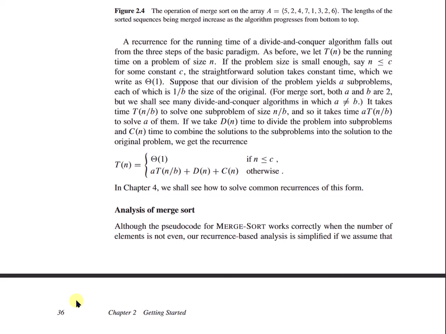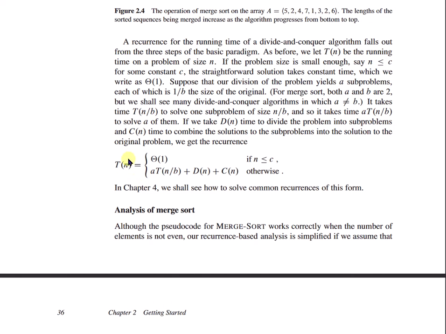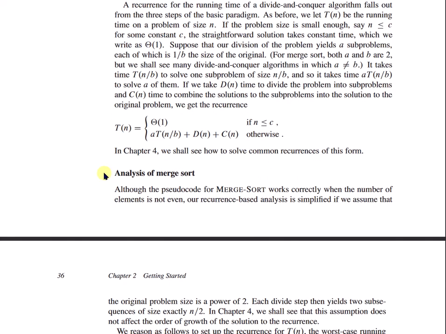Suppose that our division of the problem yields a subproblems, each of which is 1 by b the size of the original problem. For merge sort both a and b are 2, but we shall see many divide and conquer algorithms. It takes time T(n by b) to solve one subproblem of size n by b.